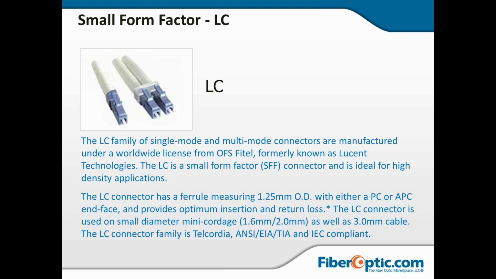It can be either UPC or APC end face, and we'll talk about those polishes in just a minute. It is the lowest loss. It's a great little connector. It's going to have the lowest insertion loss and the lowest reflections of any of the small form factor connectors. In fact, it's comparable to an SC connector for loss characteristics.